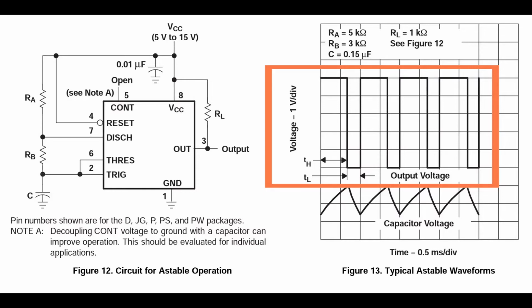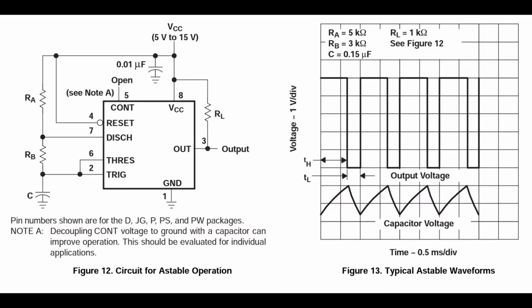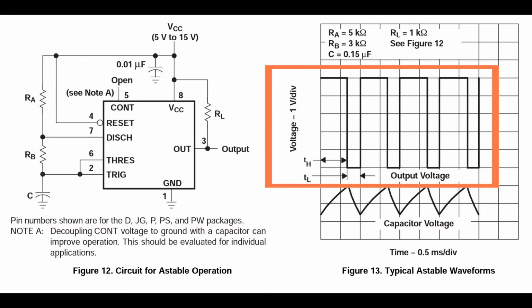And you can adjust that, how long it is high and how long is low. And we'll see that on the next sheet of the datasheet, because it really only depends on what you put in as RA, resistor A, on the left picture, and what you put in as RB, resistor B, and C. And by changing these three components, you can adjust the shape of the output waveform.